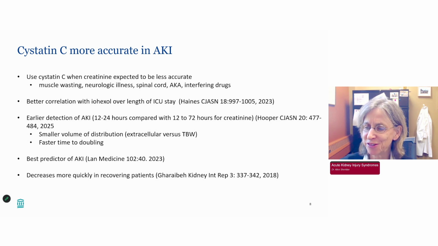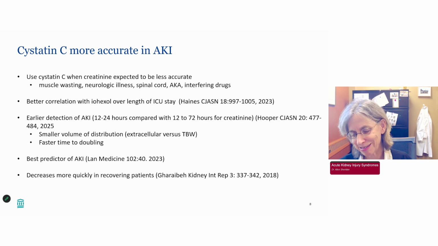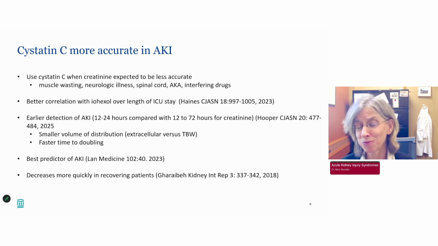A mathematical model was developed by Hooper et al. and published in 2025. And what they did was took theoretic numbers of a baseline estimated GFR and calculated how long would it take to get to steady state. It's in the setting of a low clearance.